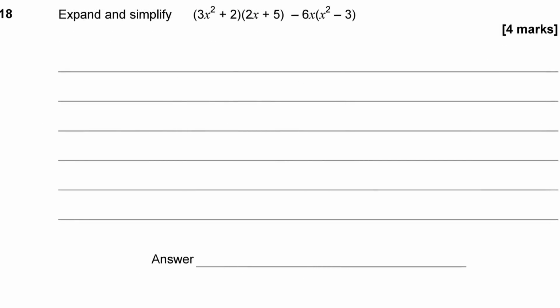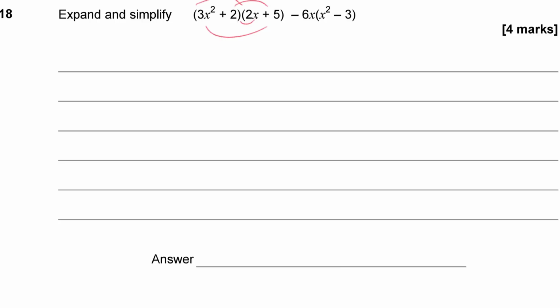Question 18, expand and simplify 3x squared plus 2 times 2x plus 5 minus 6x lots of x squared minus 3. So lots of lovely algebra. Okay, so on the left-hand side here, I've got double brackets, so I'm going to do FOIL on those, or claw method, or smiley face method, whichever way you talk about it.